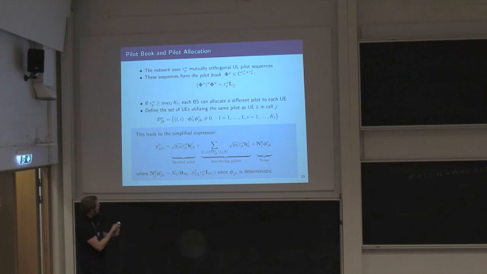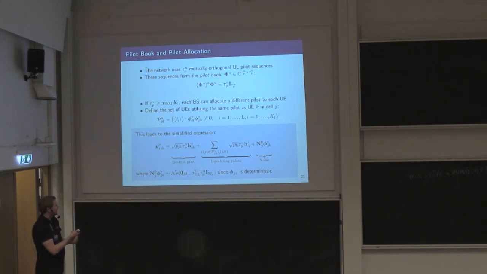And here I have the interfering terms, all the other users that are using the same pilot as me, their channel to my base station, their power, tau_pu showing up again, and here I have the noise term. And the noise term is actually also changing its variance when I multiply like this. So it has variance sigma squared times tau_pu.